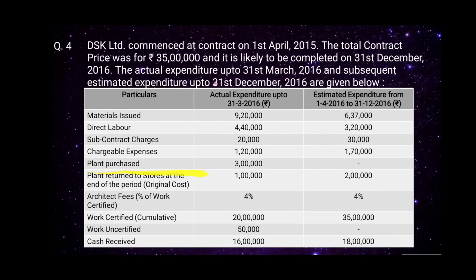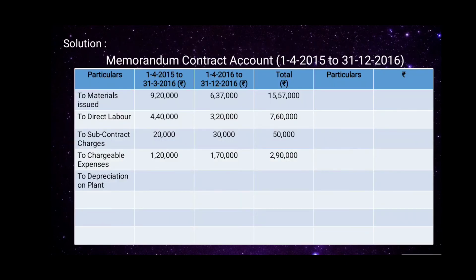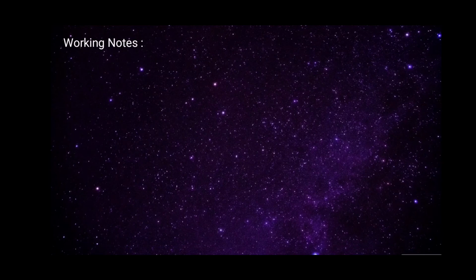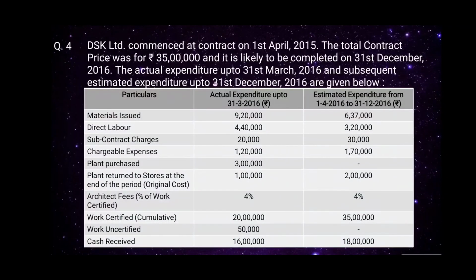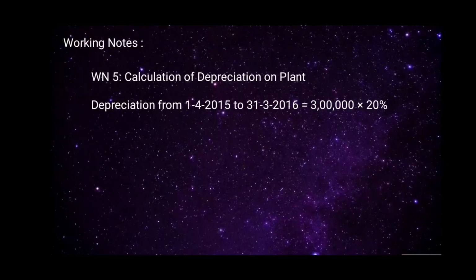Next, plant purchase amount is 3 lakh. So we'll record the depreciation amount. To depreciation on plant, we have to prepare working note. So working note number 5, calculation of depreciation on plant. So depreciation from 1st April 2015 to 31st March 2016 will be 3 lakh into 20%, that is depreciation percent, which will be 60,000.